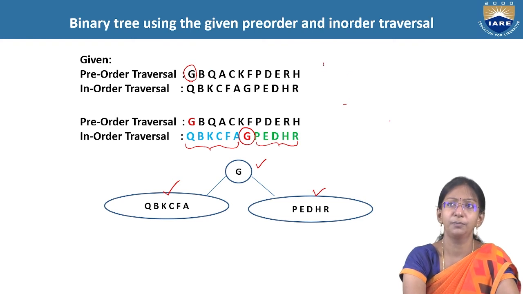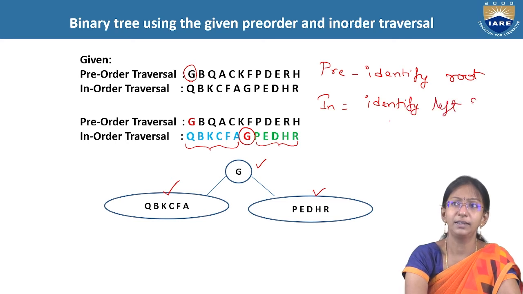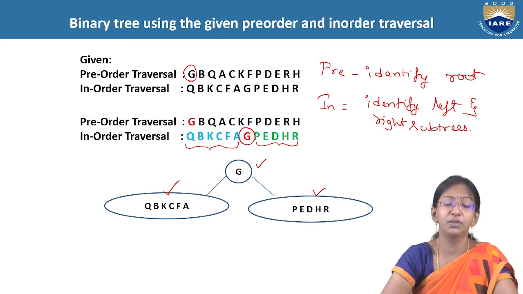Pre-order traversal will be used to identify the root, whereas in-order will be used to identify the left and right subtrees. Okay, guys, so please keep this in mind.